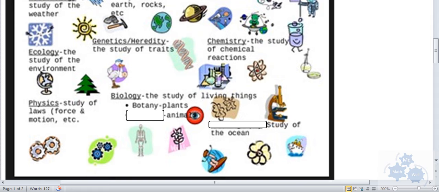Yes. And the study of animals? Yeah, I heard it. What is it? Zoology. Correct. Zoology. And finally, the study of the ocean. Oceanography. Yes, oceanography. Not oceanology, although that would have been a good guess.